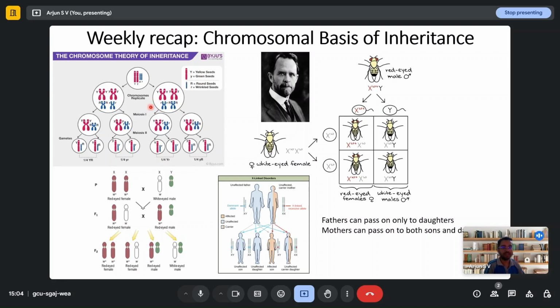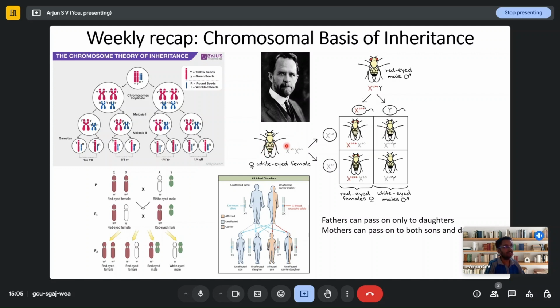And we also saw how a specific scientist called Thomas Hunt Morgan investigated this chromosome-based theory of inheritance using a fruit fly model, which is also called Drosophila.